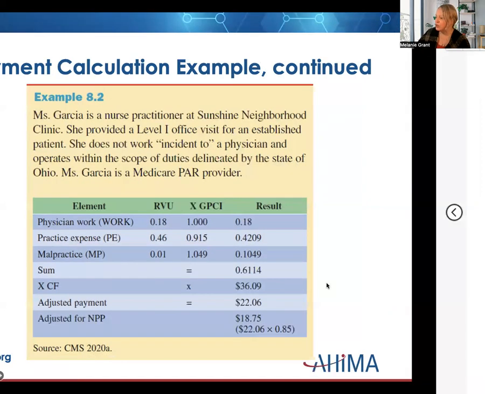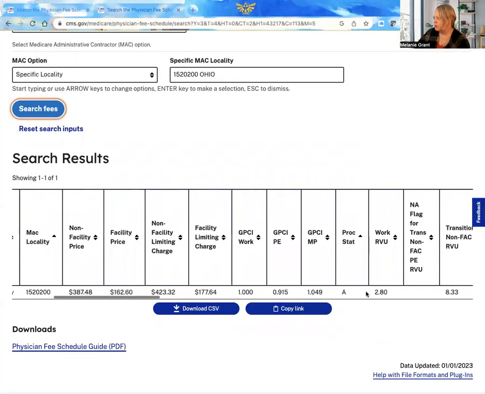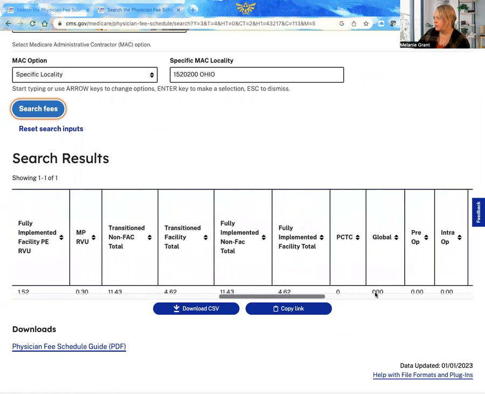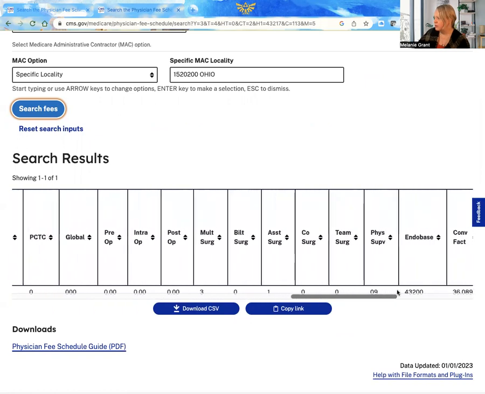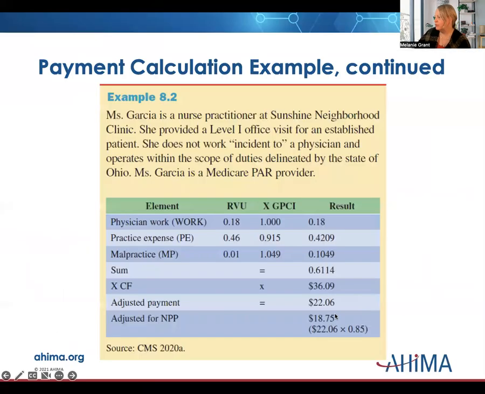The conversion factor for Ohio, which can also be found here, of 36.0896, or simply rounded to 36.09. Then gives us an adjusted payment of 22.06.